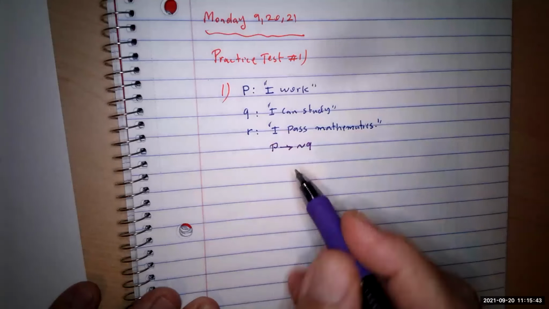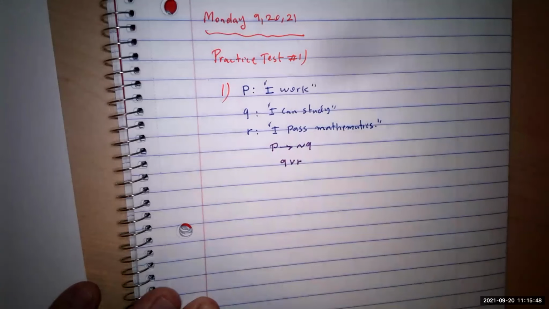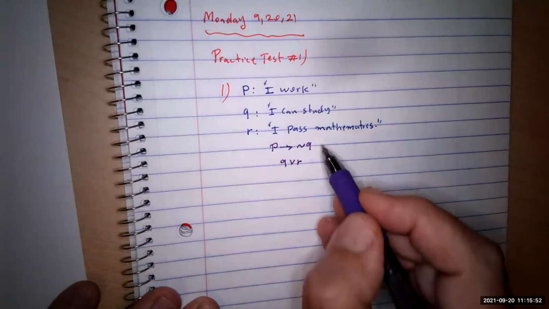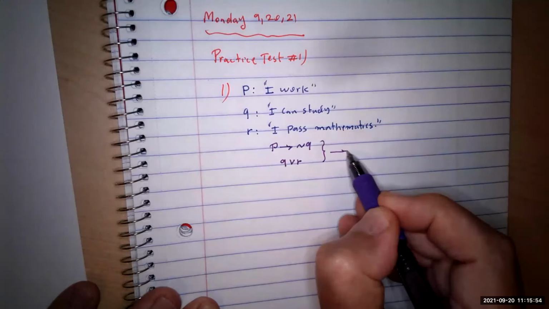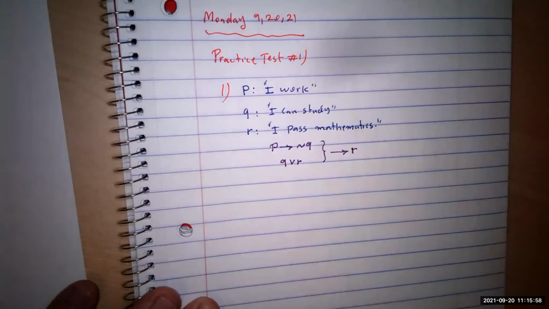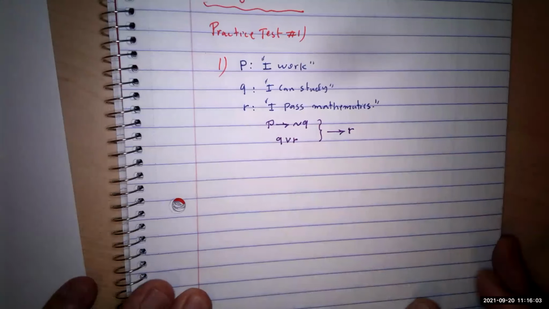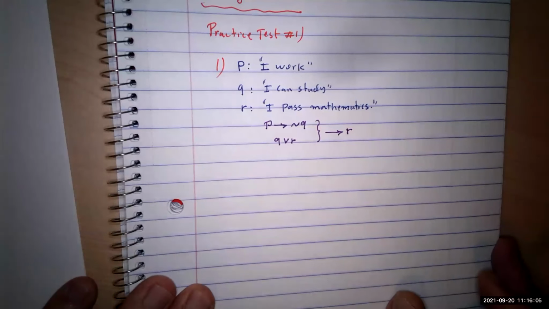Study would be Q, or passing math is going to be R. And the conclusion is going to be, therefore, I pass mathematics. So this means implies R. Okay, you have to write it down for us. You get points for each of them. Just change it to the symbolic form.